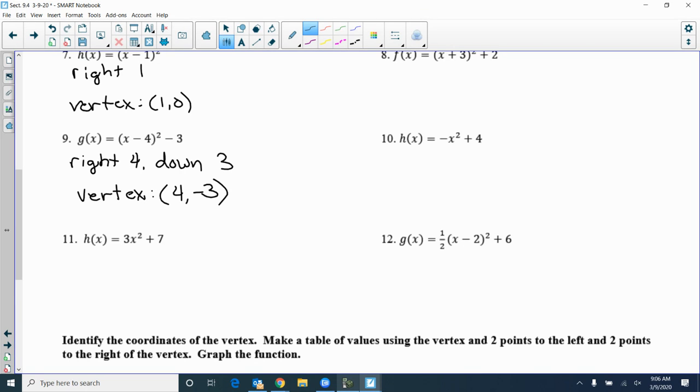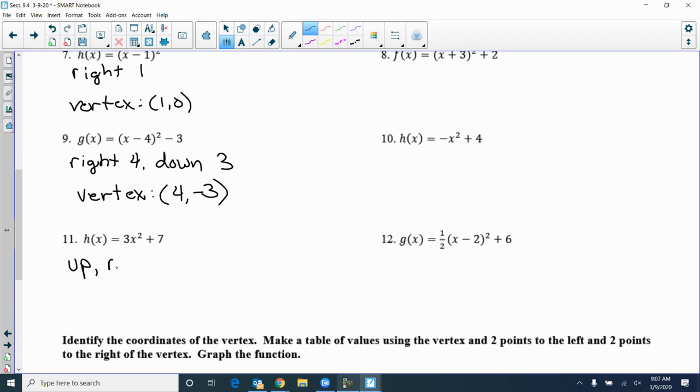All right, you got to be careful here for number 11. Do you have a parentheses squared? No, so it does not move left or right, which is the only way this one moves. Of 7. What does a 3 do, however? It makes it narrow.